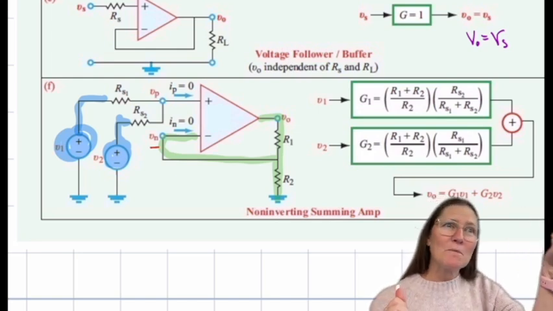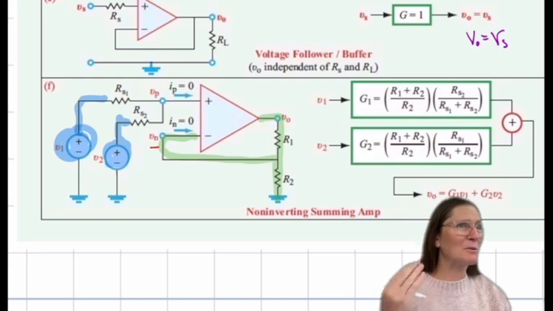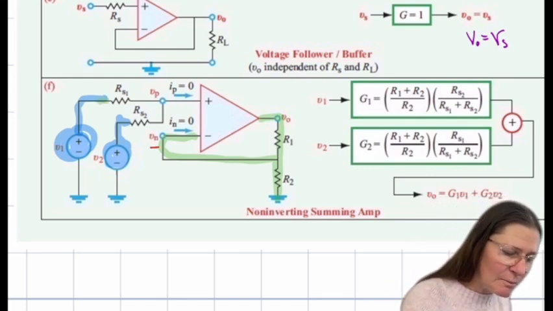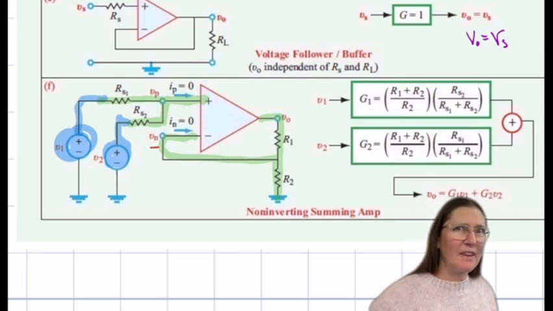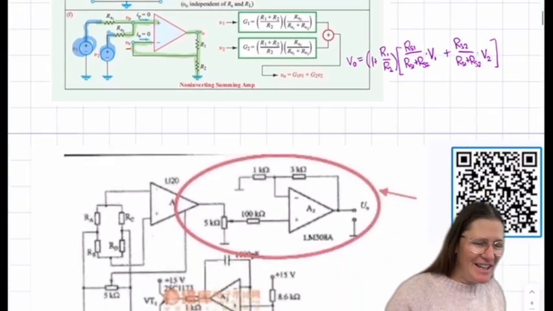Perfect. Inverting summer, non-inverting summer, difference amplifier. That's always what you can say to yourself. Then look at the pathway of where these go. This pathway goes combined into the plus side, so a non-inverting summer. Okay, that was the easy part.